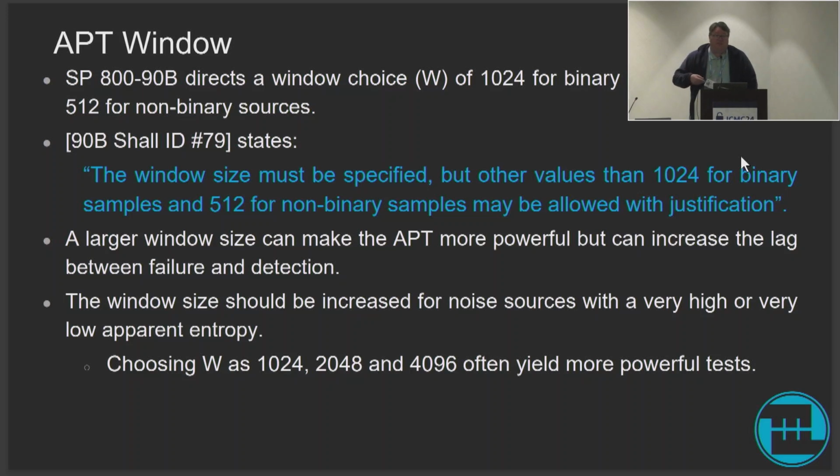The place to consult as to whether things are working is probably 90B section 4.5. They give you a very specific rationale that you may or may not be required to make, but at least you can have an eye toward it and say, given 50,000 symbols, what is my chance of failure? It would be nice to be able to make a statement about that.